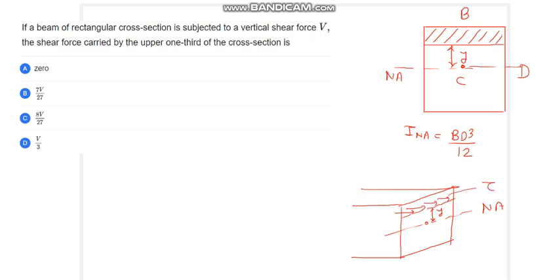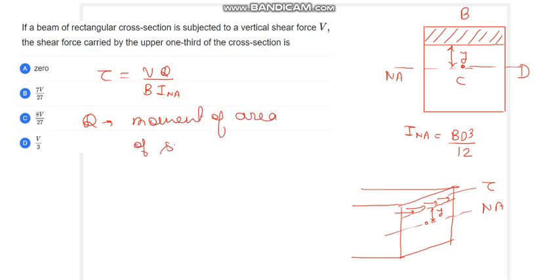This is the tau. So we know that tau equals V into Q divided by B into I_NA. Here Q is the moment of area of the section above the neutral axis.